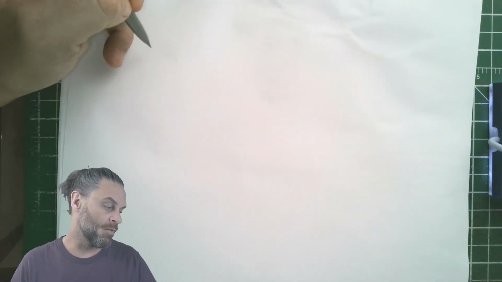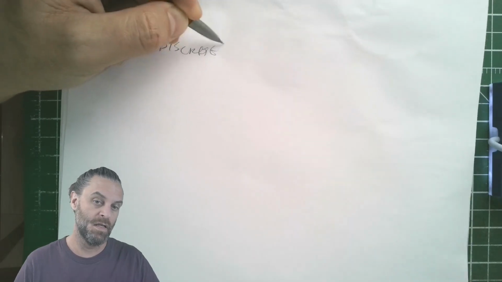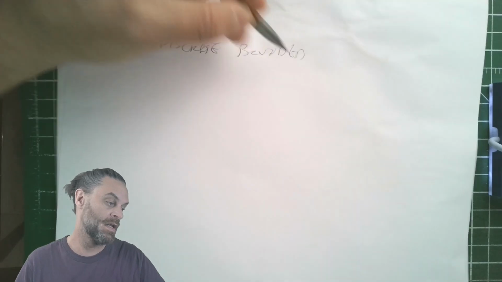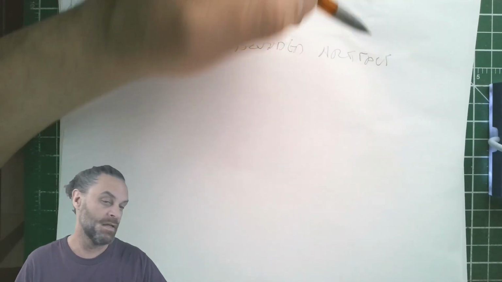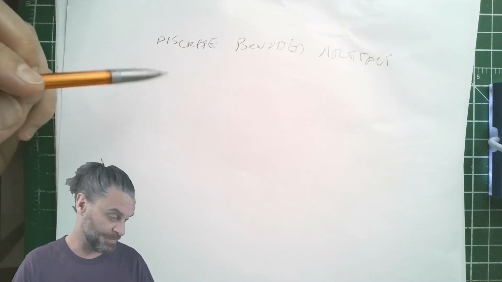For one, a document is discrete. It's bounded. It's an artifact. You can't have a document that's not an artifact. A document documents something.